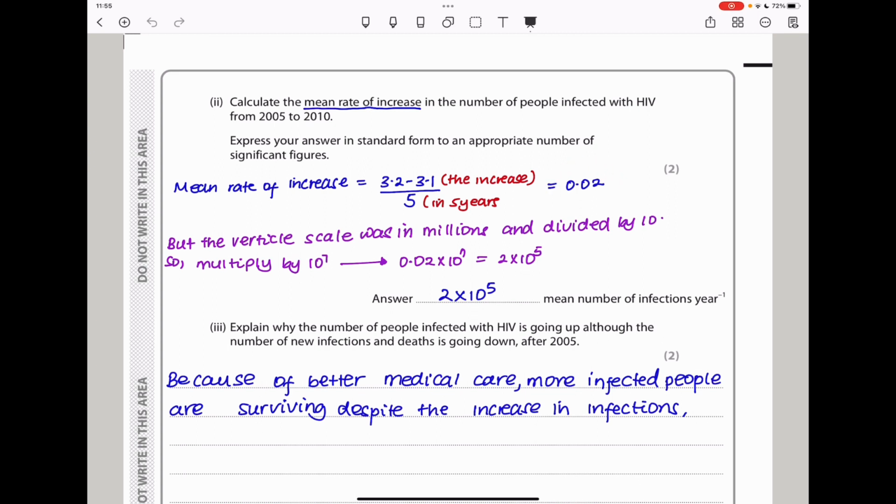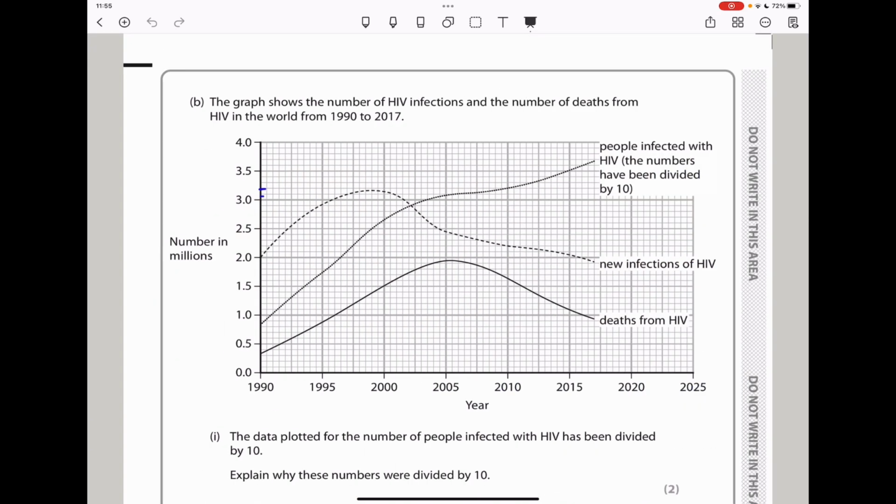But remember, this was divided by 10 before they plotted it, and the scale on the vertical axis is in millions. So 1 million times 10 gives you 10 power 7, so you have to multiply this number by 10 power 7. I want to take you back to the graph so that you can see it. To plot this data here, they divided the actual data by 10.